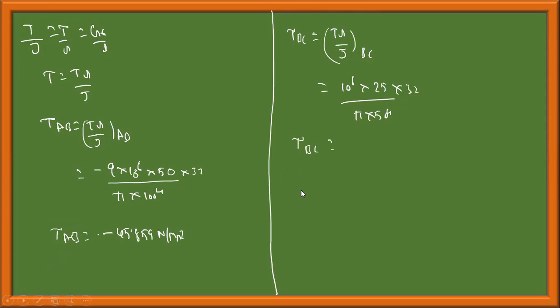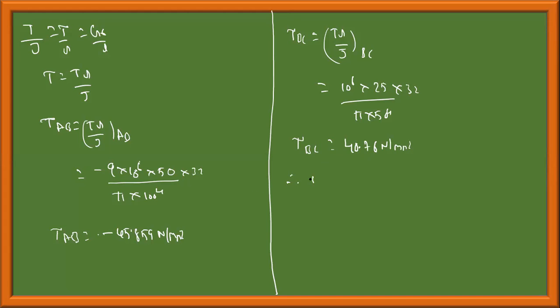Can you tell me the region BC? 10 power 6 into 25 into 32 by pi into 50 power 4. 40.76, sir. 40.76 Newton per mm square.